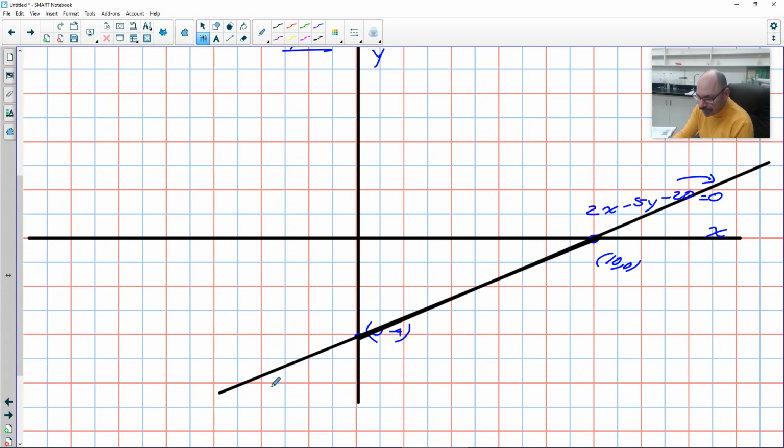Okay, and then if you're doing lines, put those arrows so that you know that. Now, if you make a mistake on one of those, you got the completely wrong line.